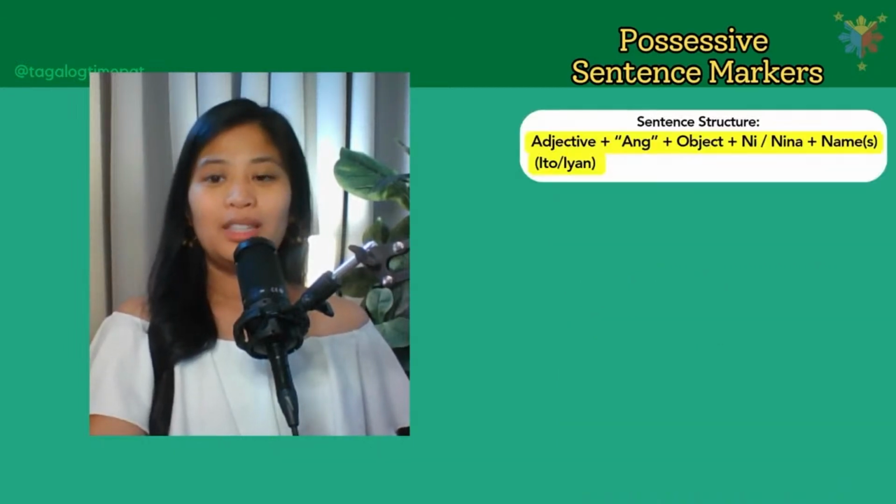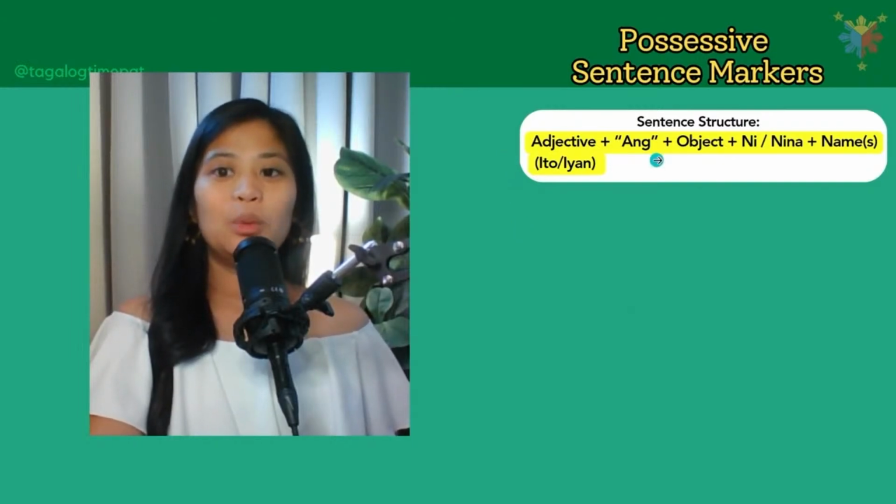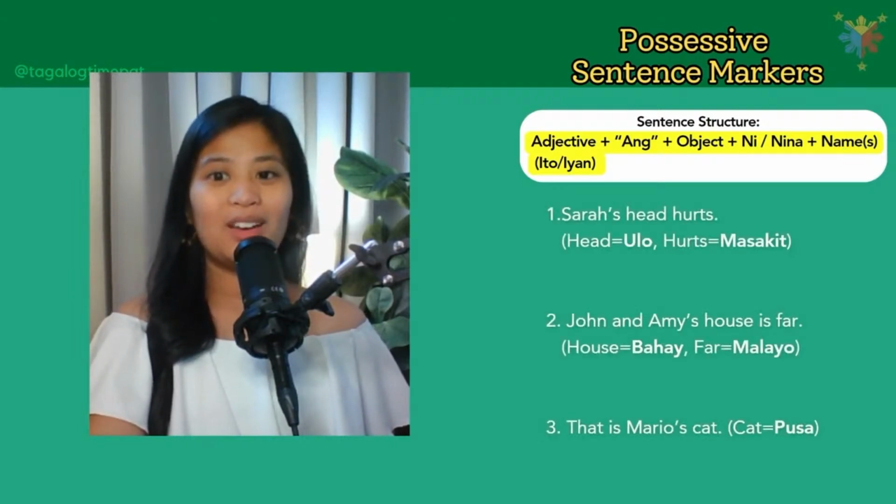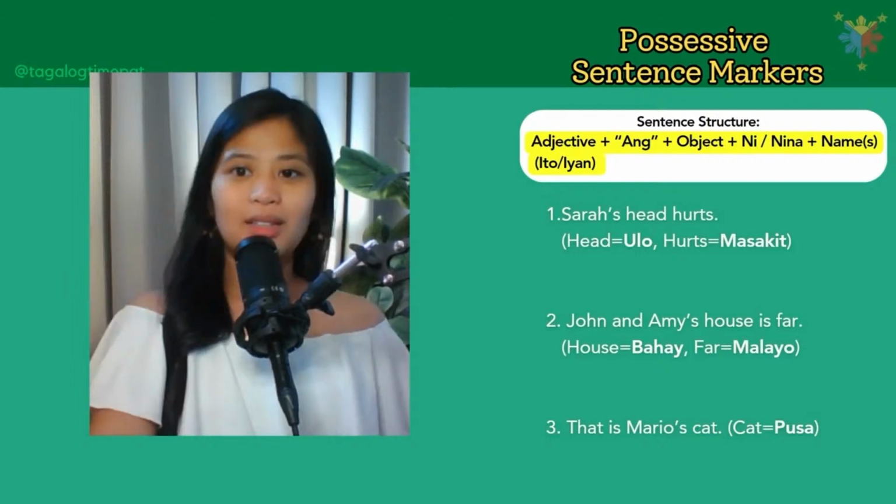All right, so this is that sentence structure I was just talking about. It's the adjective, plus the word ang, then the object, then it's ni or nina, and then the names go at the end. So here are some examples. Let's do number one together. Sarah's head hurts. Head is ulo, hurts is masakit. So let's just follow this sentence structure.